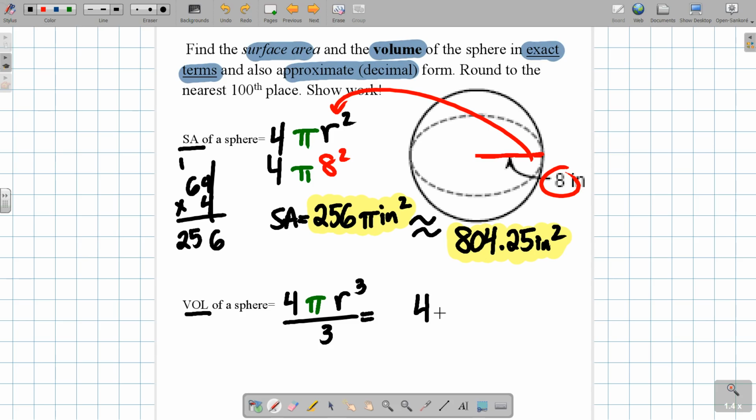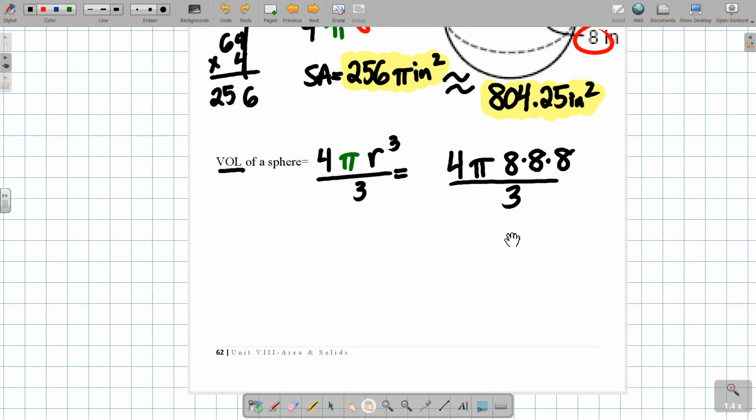Volume, it's going to be 4 pi, 8 times 8 times 8, over 3. 8 times 8 is 64, times 8 again. So 8 times 4 is 32, 8 times 6 is 48, that's 512. That takes care of all 3 8s.